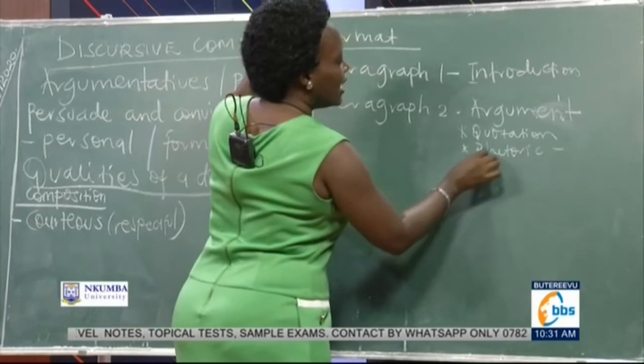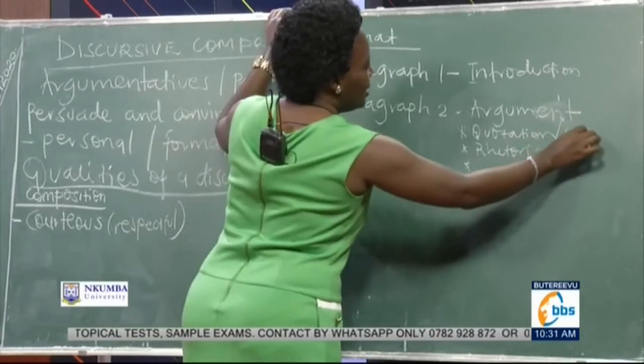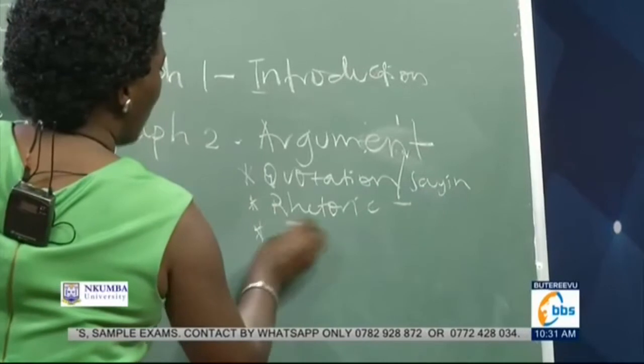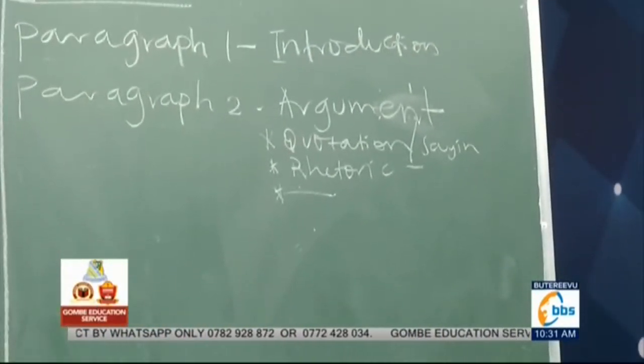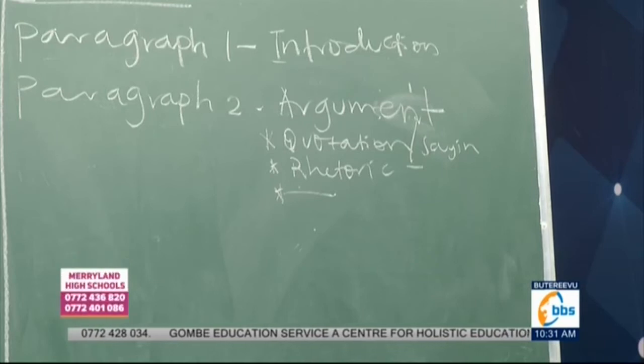You can decide to use a saying. A quotation could be a saying. It could be an idiom or any other device, to ensure that you attract attention, and to show the person that you really know what you're going to discuss.